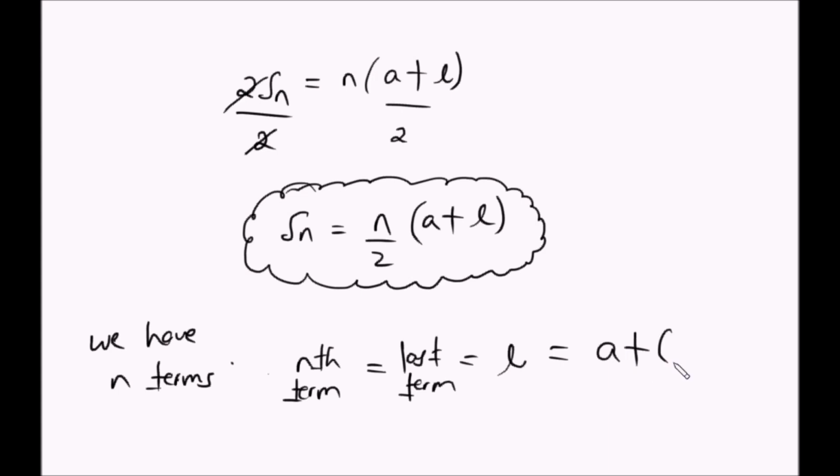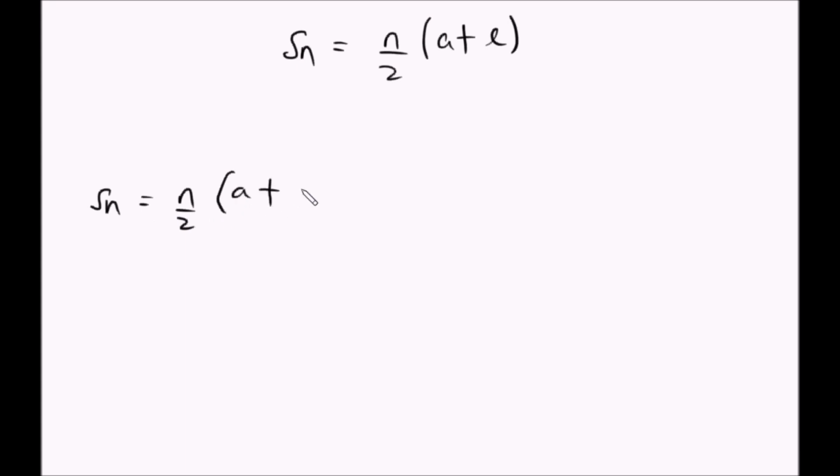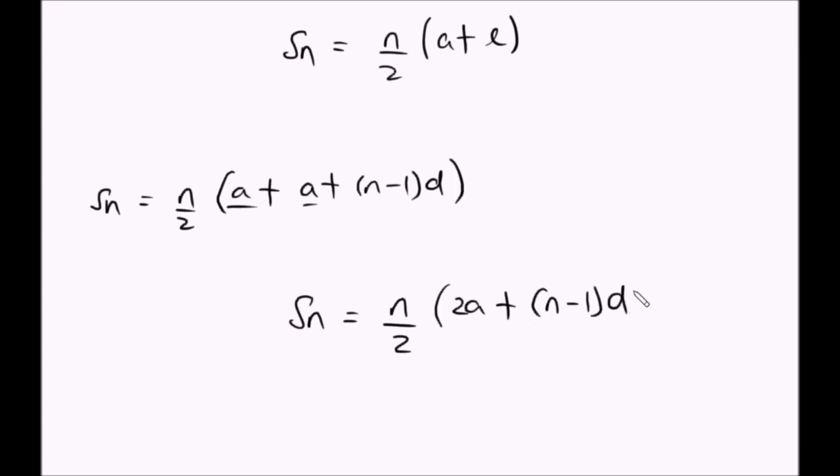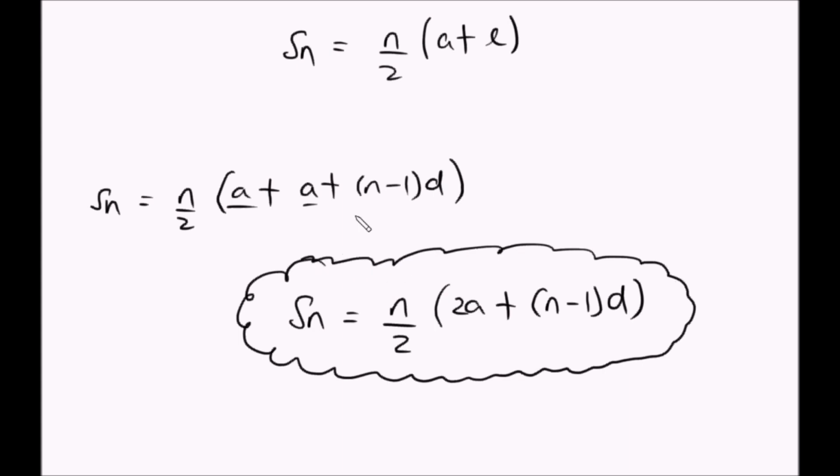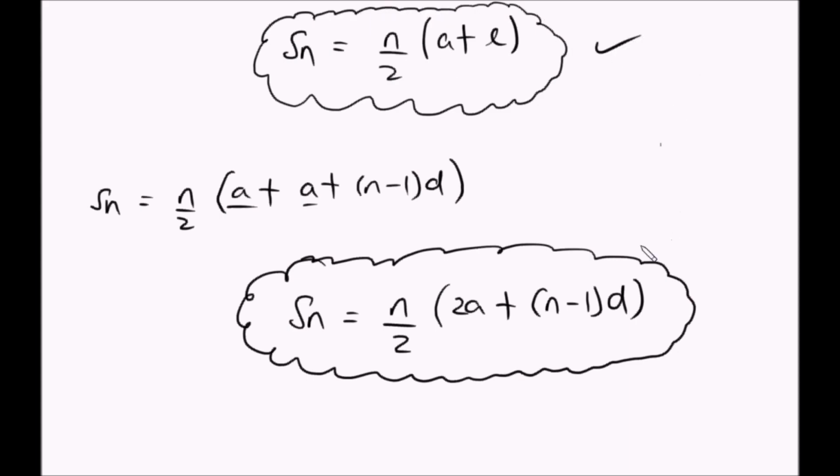The nth term we said is A plus n minus 1 D. Remember, from our formula n over 2 A plus L, in place of L we can put the nth term, which is A plus n minus 1 D. So A plus A is 2A. So this is also our formula: n over 2 times 2A plus n minus 1 times D. So this is also the formula of obtaining the sum of n terms in an arithmetic progression. You can use either this one or this one. Now let us see examples.